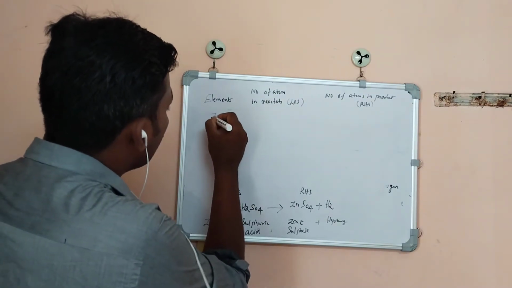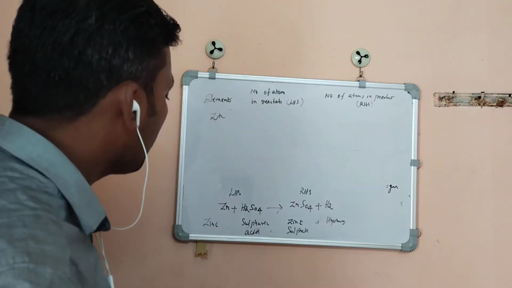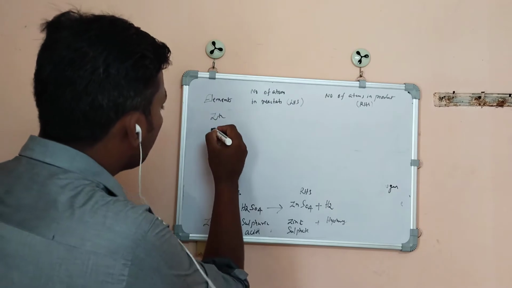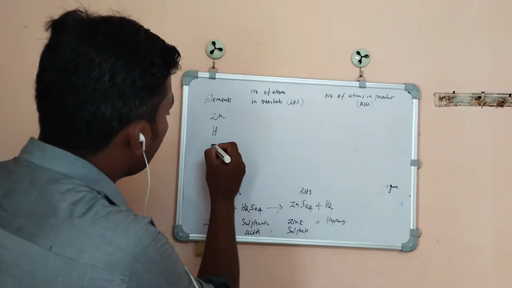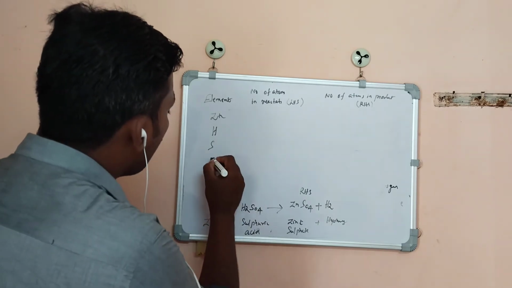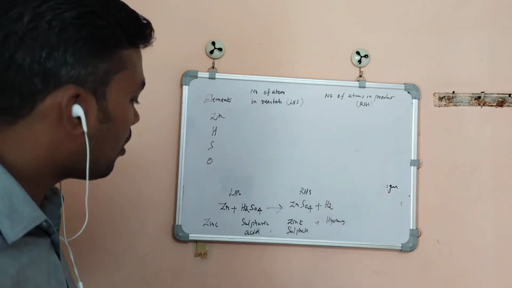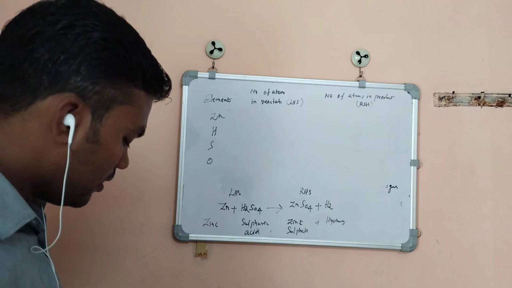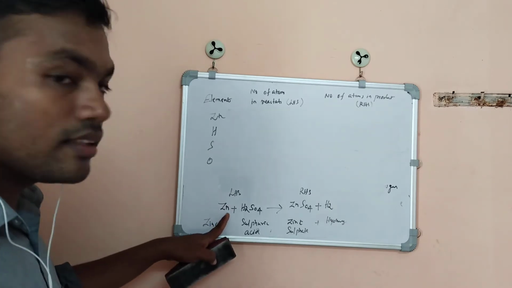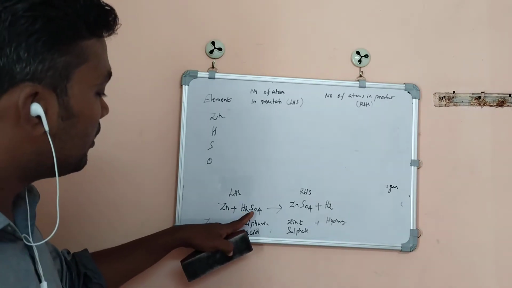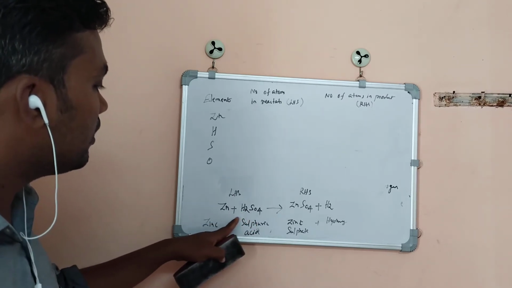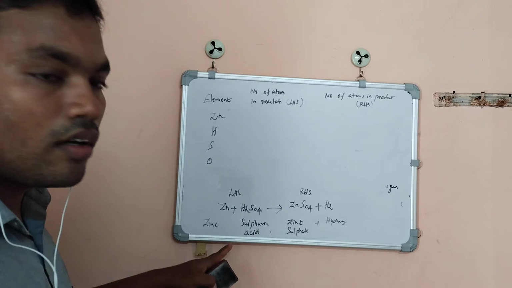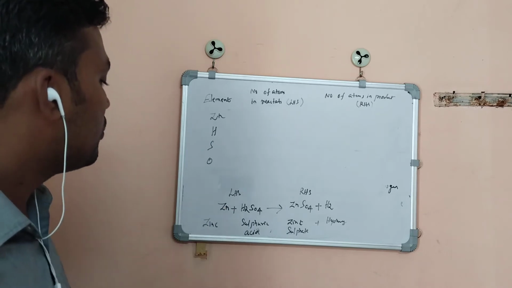First one is zinc, another one is hydrogen, another one is sulfur, yes, and oxygen. Four elements are involved in this reaction: zinc, sulfur, hydrogen and oxygen.